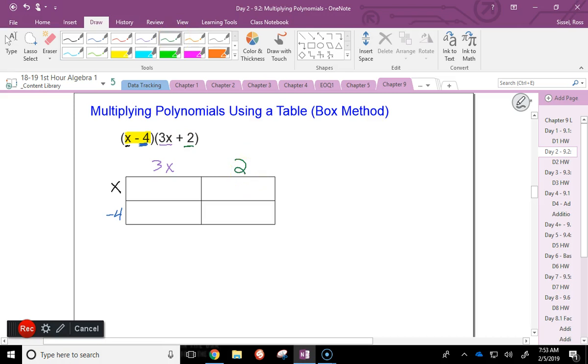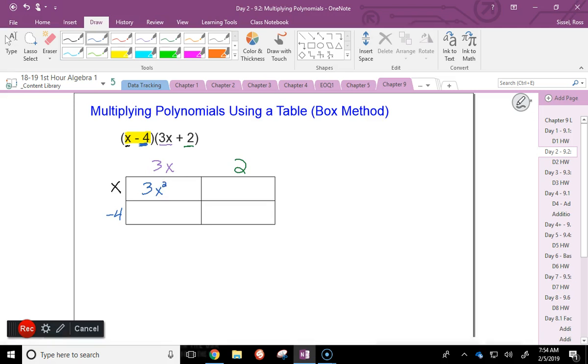And then all you are doing is multiplying. We're going to find the area for each square. So on this first one, it'd be 3x times x. And 3x times x is 3x to the second power. Good. We go down to the bottom left.